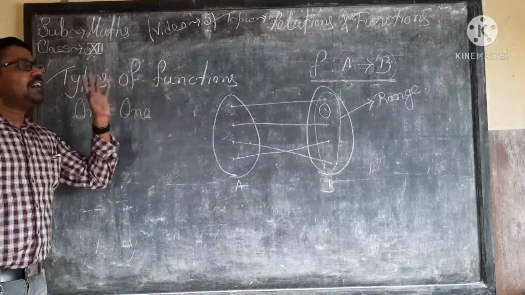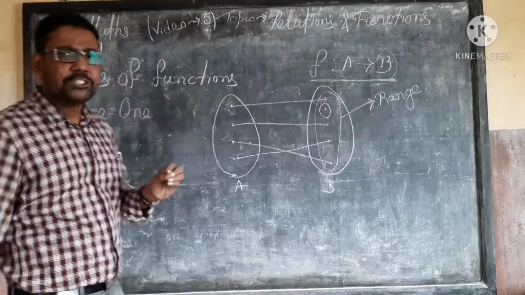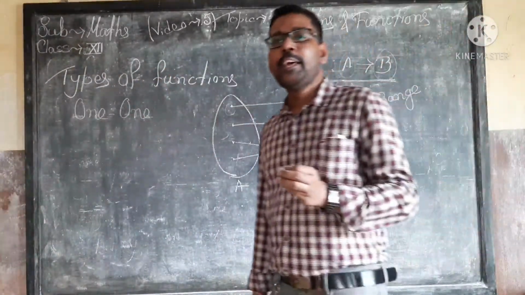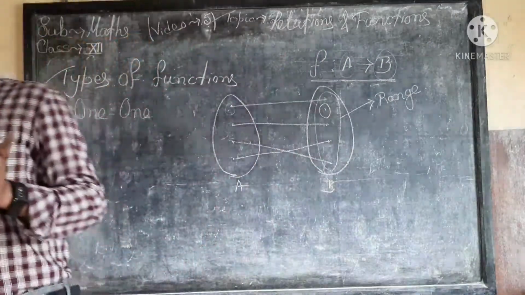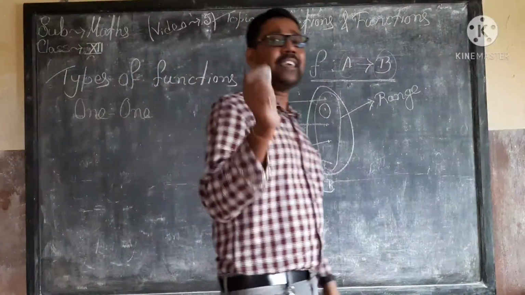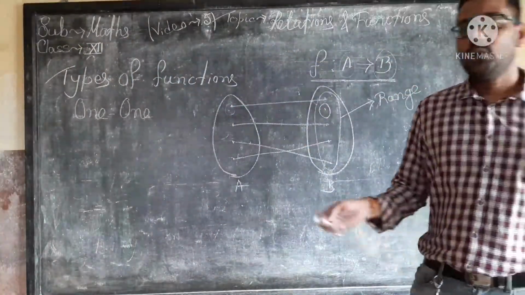So this is the definition of one-one function. One-one function means each and every element of the domain has a distinct image in B.